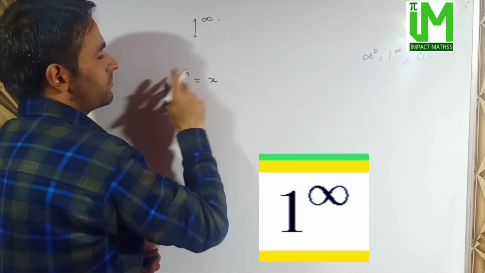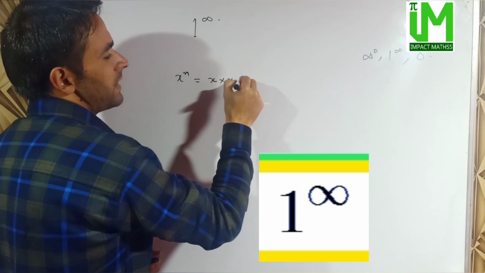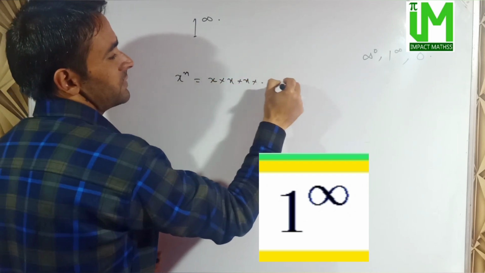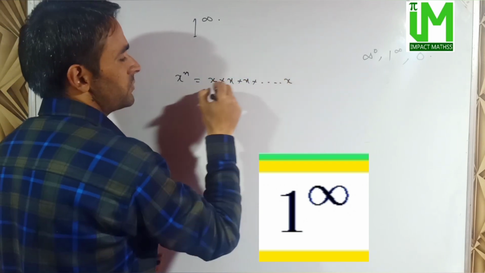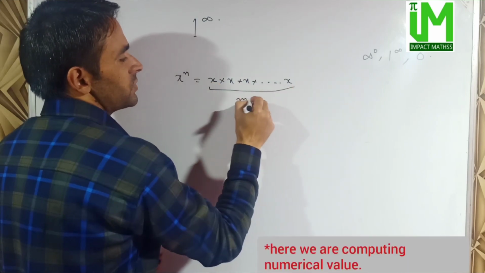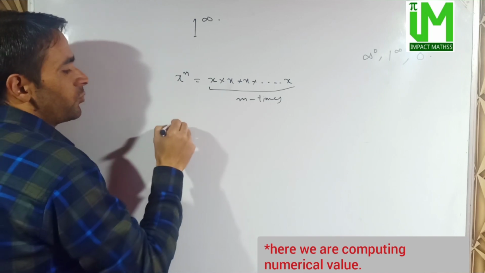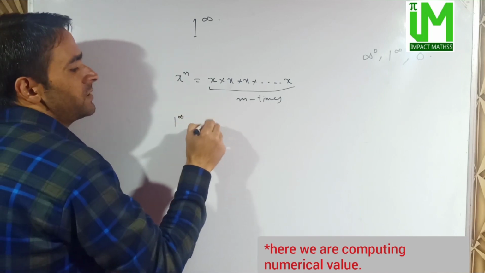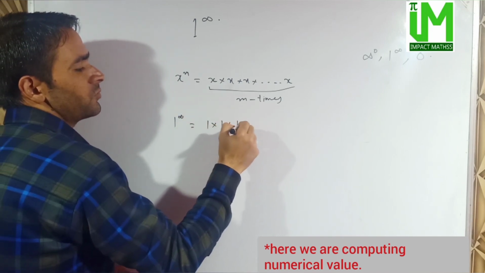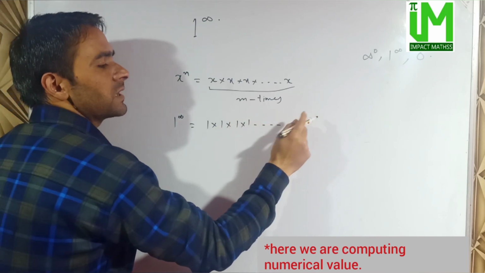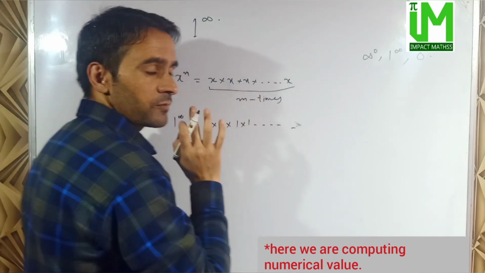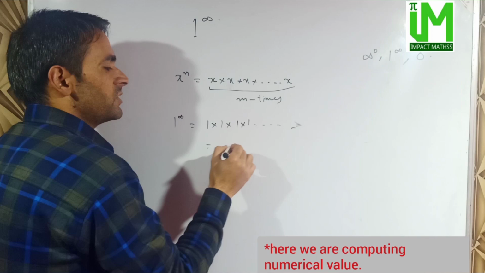So x raised power m means x into x into x. So it is m times x. So thus we can say that 1 raised to power infinity means 1 into 1 into 1 infinite number of times, which means this will be still equal to 1.